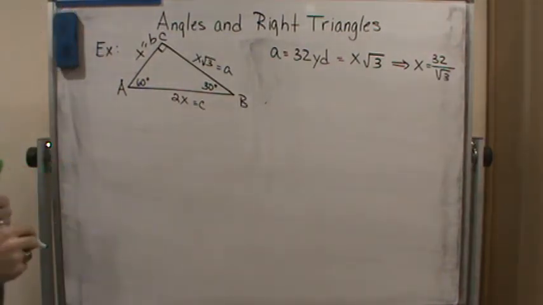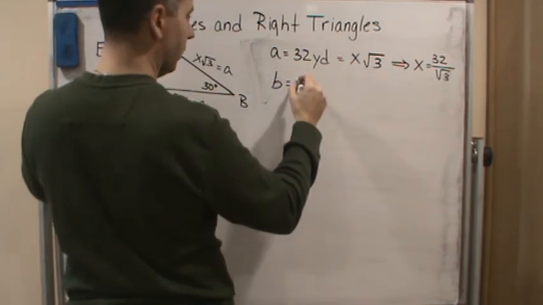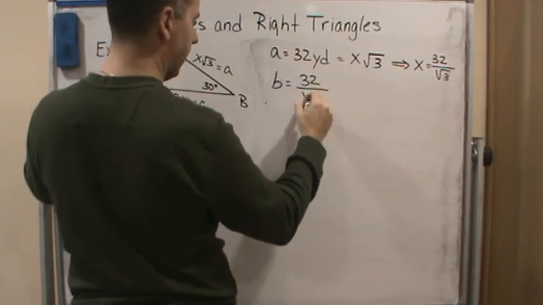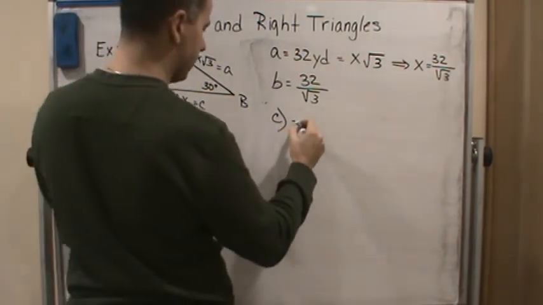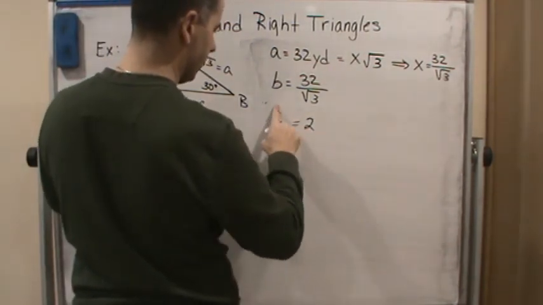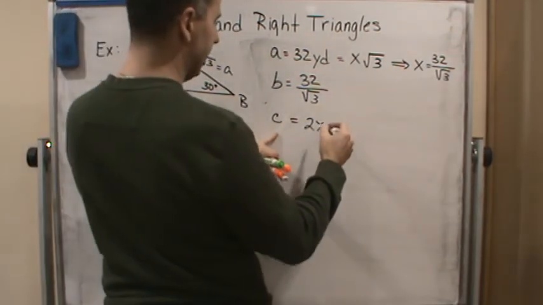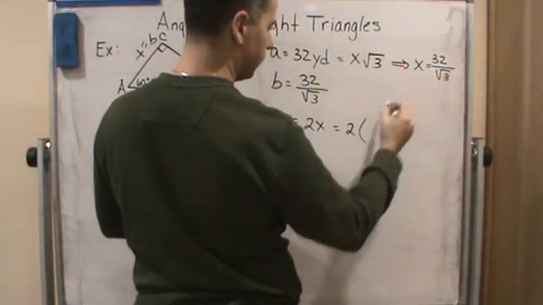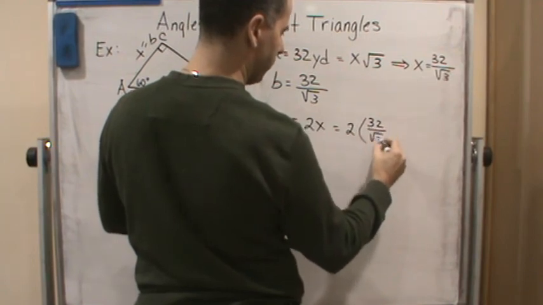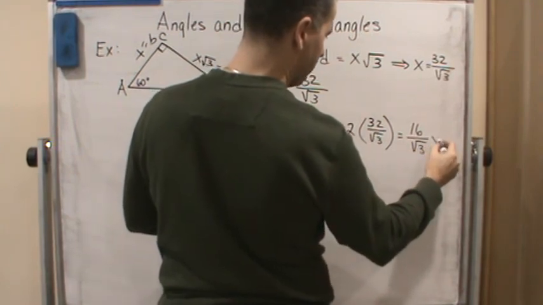Which means B is equal to 32 divided by the square root of 3. And then C, which again is 2X, is 2 times 32 over the square root of 3, which becomes 64 over the square root of 3, and these are yards.